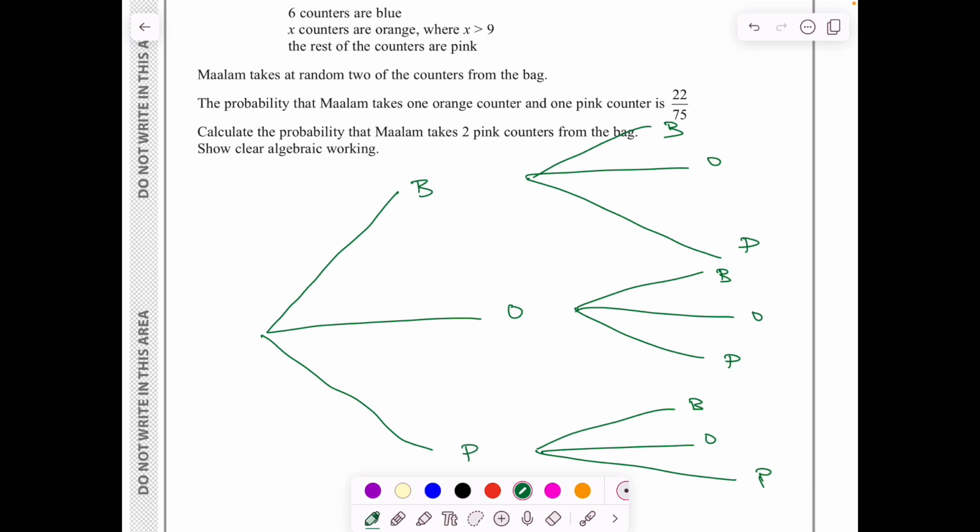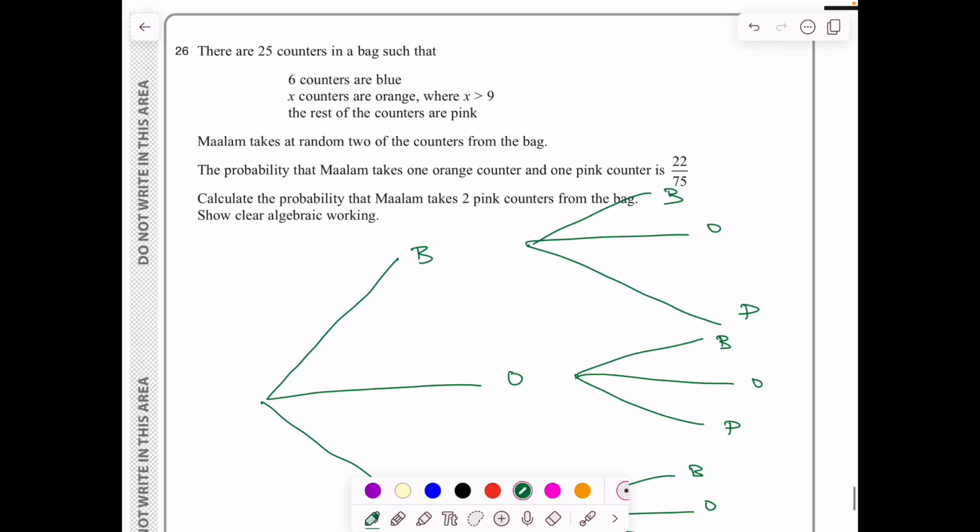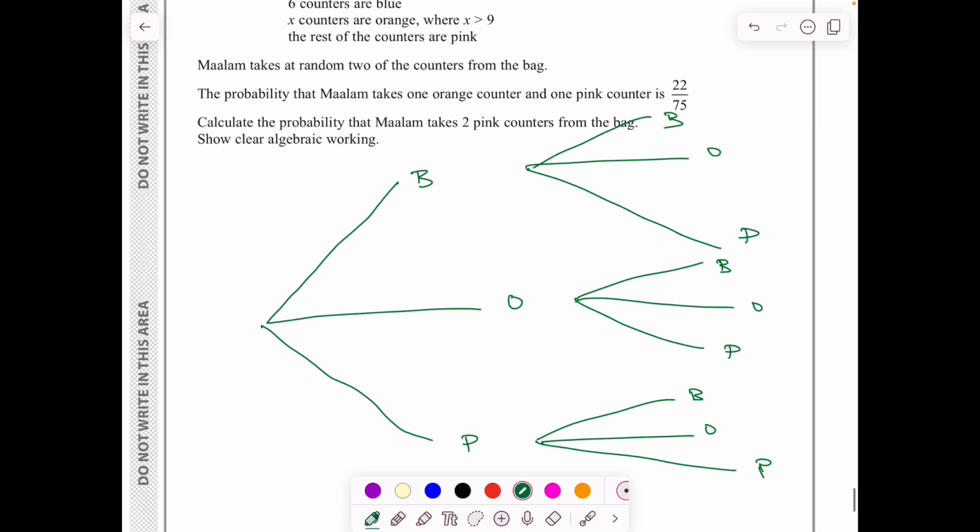Now, 6 blue counters, and it tells you that there are 25 counters. So 6 blue, that one's nice and easy. 6 out of 25 is the probability. There are X orange, so X out of 25. And then the rest are pink.